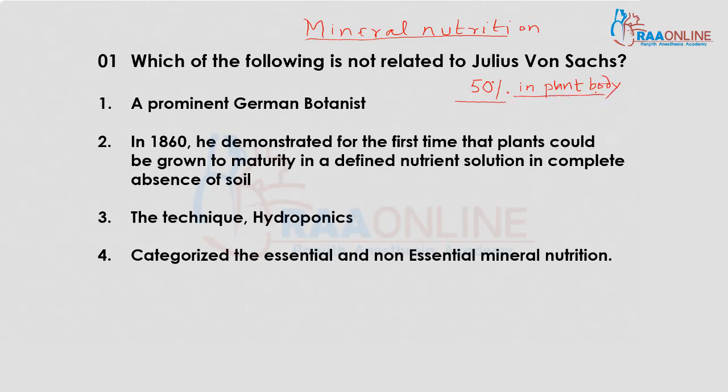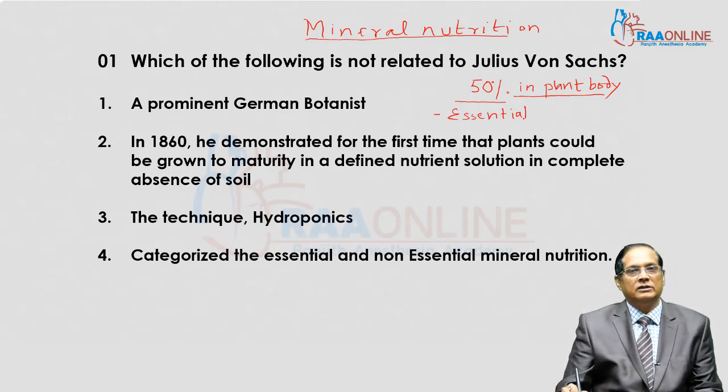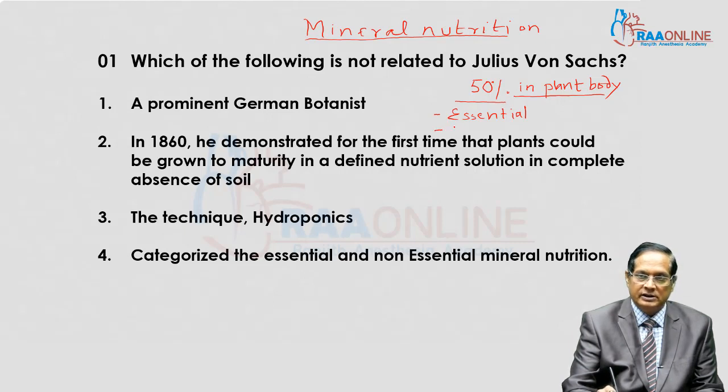But a few of them are essential for normal growth and development in plants. Those elements which are directly involved in the growth and development of the plant are called essential elements, whereas other elements are called non-essential elements.